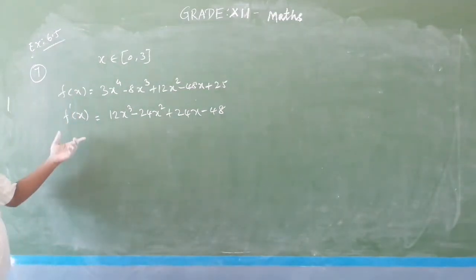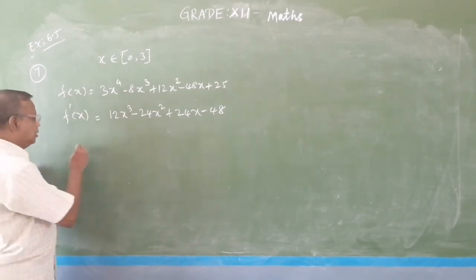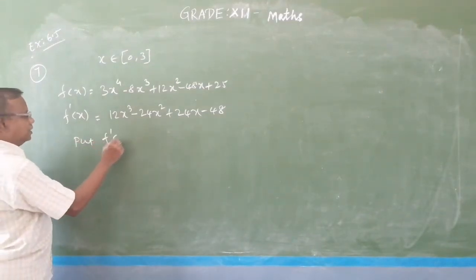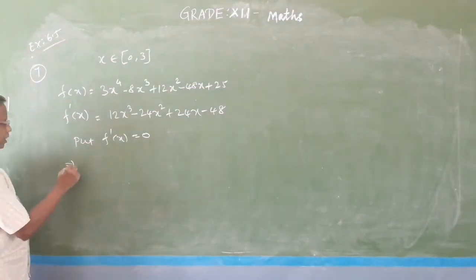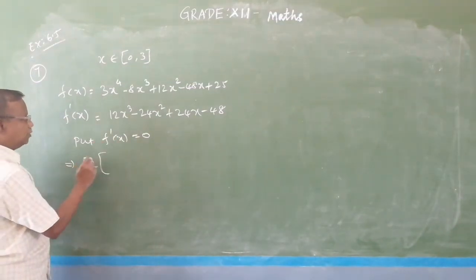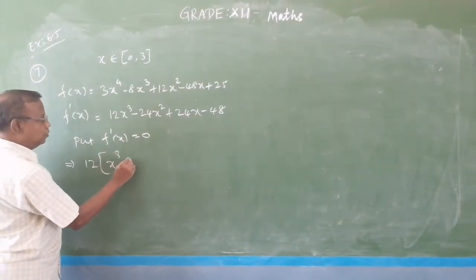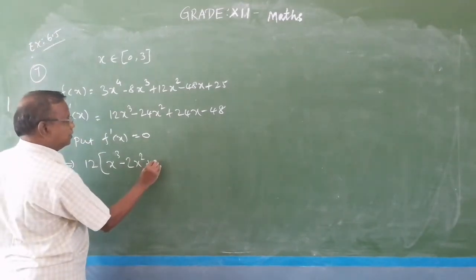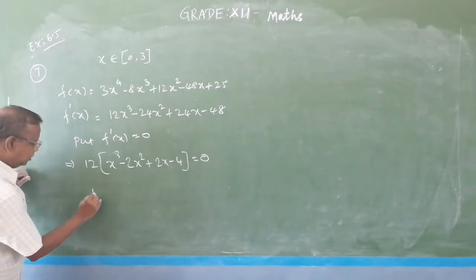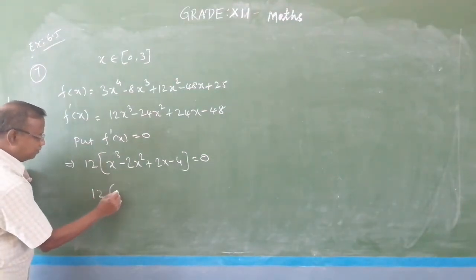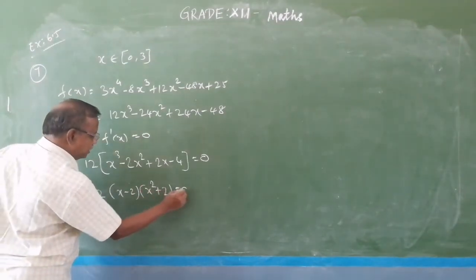So, only one differentiation is enough to find the absolute maximum or minimum. Now, put f dash of x equal to 0 in order to find the critical number or numbers. So, 12 can be taken as common, 12 into x cube minus 2x square plus 2x minus 4 equal to 0. 12 into this is nothing but x minus 2 into x square plus 2 by simplifying this.